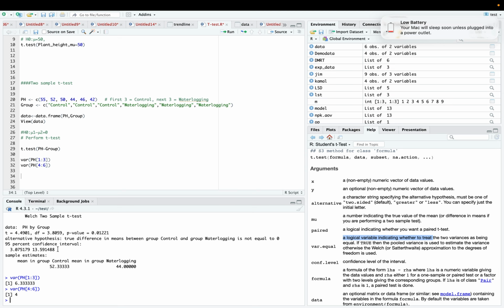So that's how we can do the t-test with the Welch formula. Let's talk about the Student t-test.